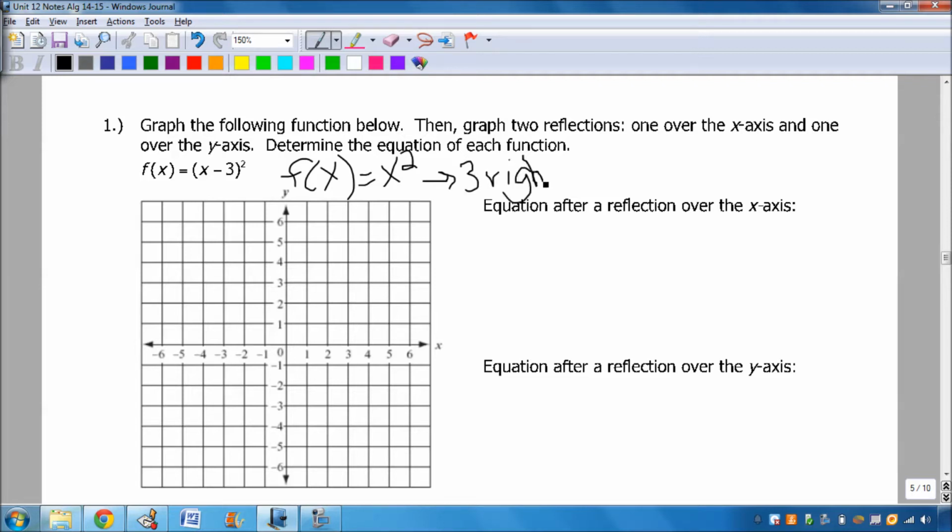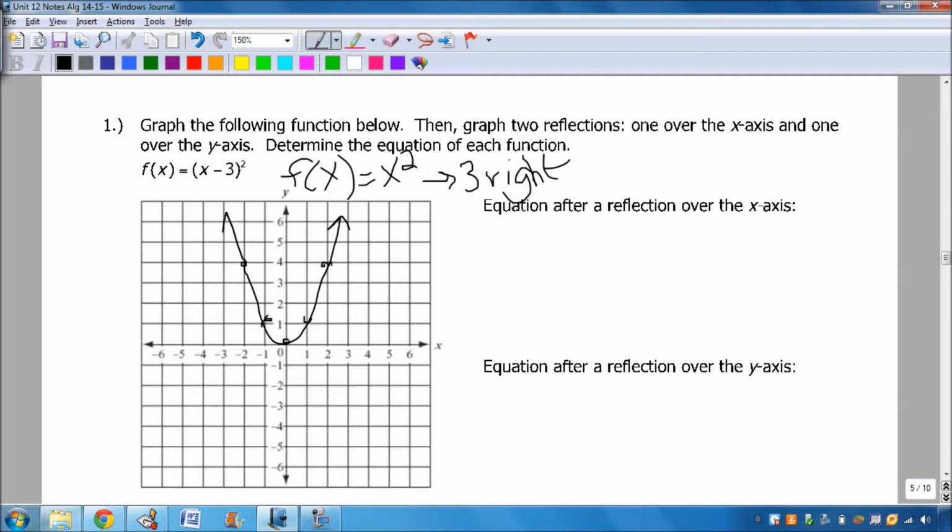Hopefully by now you're good with quadratic parent functions. You know the vertex is at 0, 0, and you've got two symmetrical points at 1 and also at 4, because 2 squared and negative 2 squared are 4, and negative 1 squared and positive 1 squared give you 1.